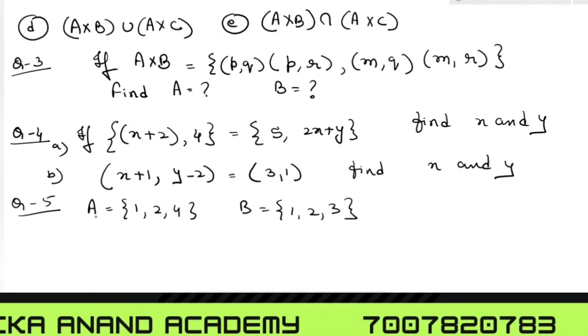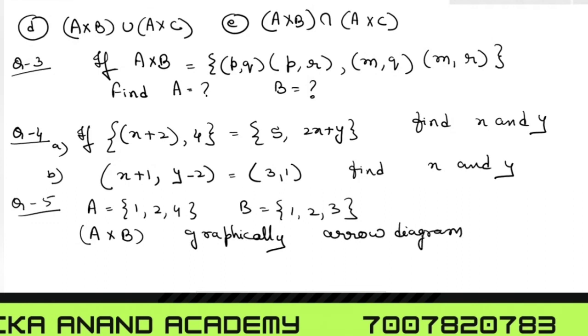Find A cross B graphically. And this is also known as arrow diagram. Okay, let it be. I will tell you in the next lecture. Just leave it.